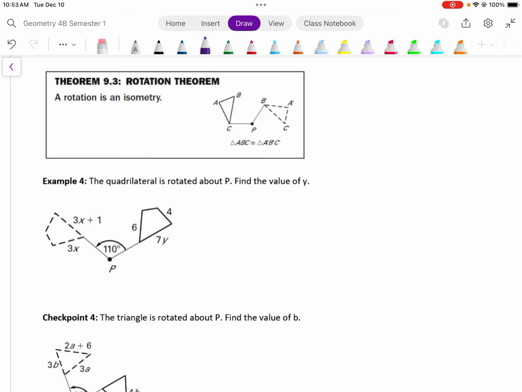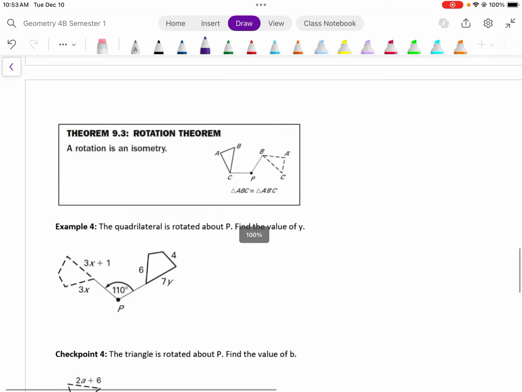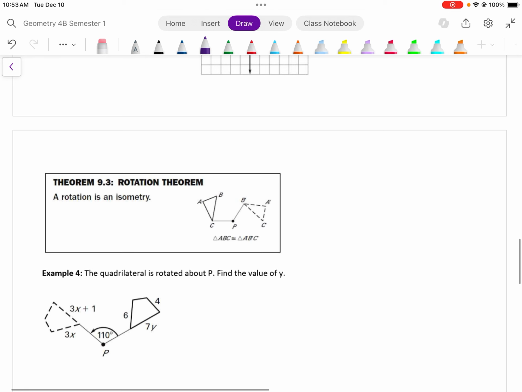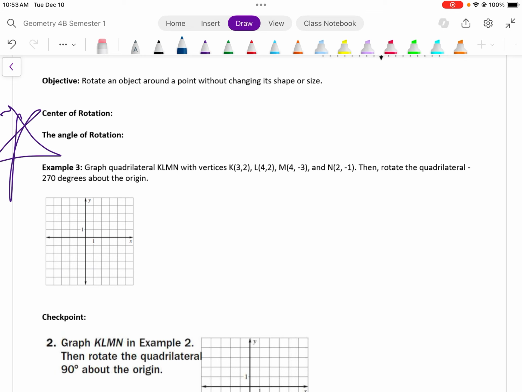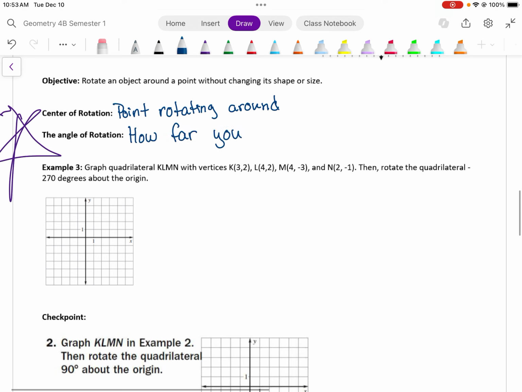So this one is a rotation theorem. So rotating, for this, it is going to be helpful to know what a rotation is. So the center of rotation is just the point we are rotating about. And then the angle of rotation is how far you rotate.